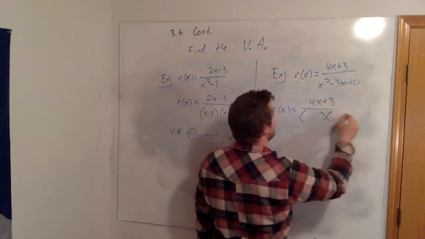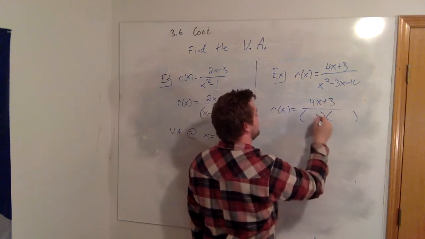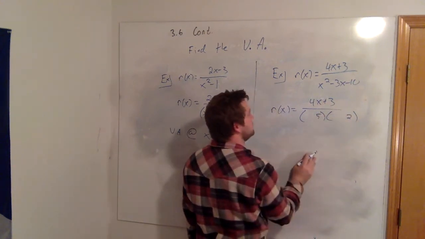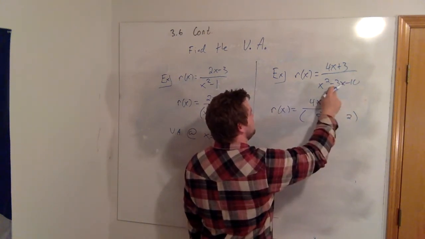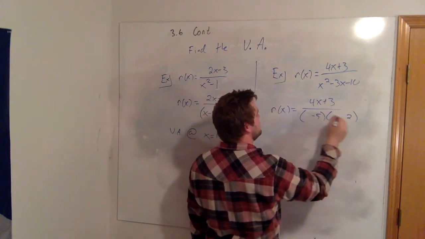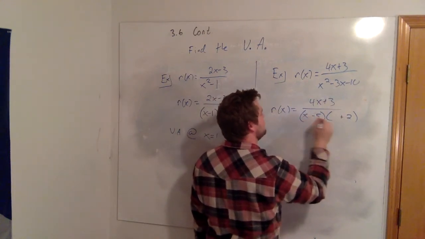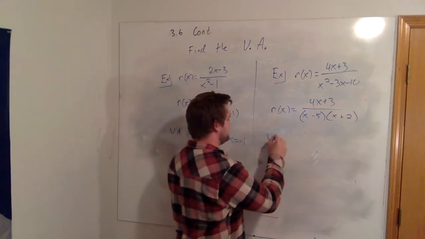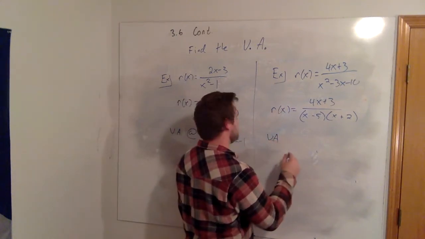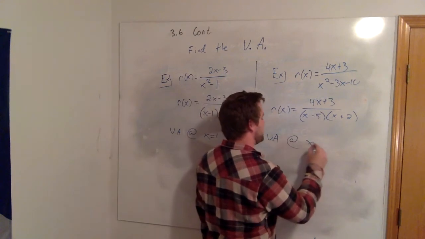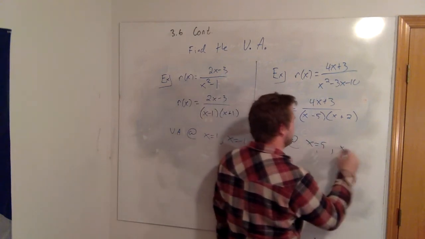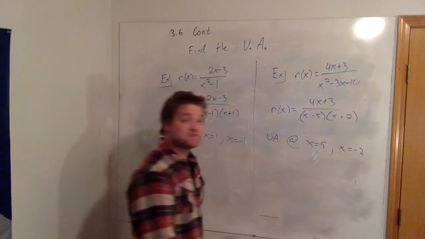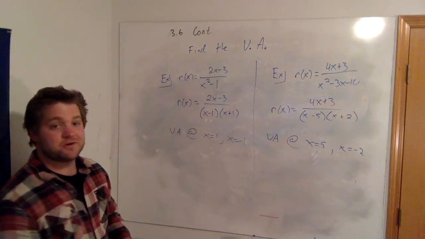I need some sort of combination of 5 and 2. The middle term is negative, so the bigger of the two numbers has to be negative. So I hope we can see here that the vertical asymptotes are at x equals 5 and x equals negative 2. So that's all there is to it. That's how we find the vertical asymptotes.